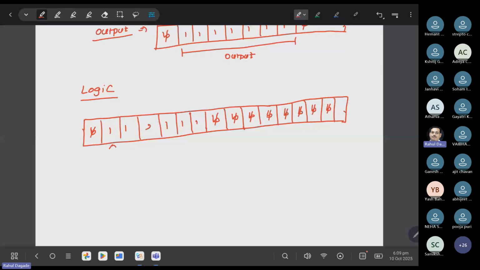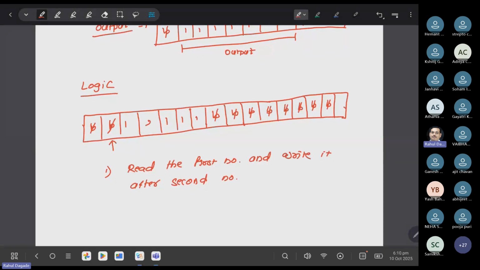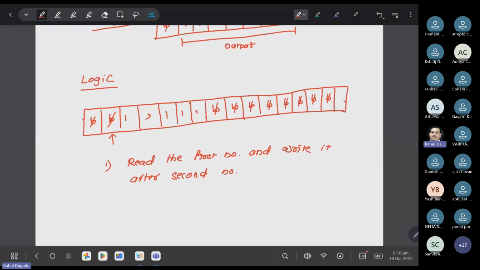So the logic is: read the first number and write it after the second number. So we will convert this one into blank, and then we will write it after the second number.